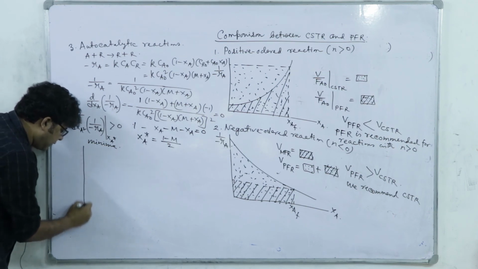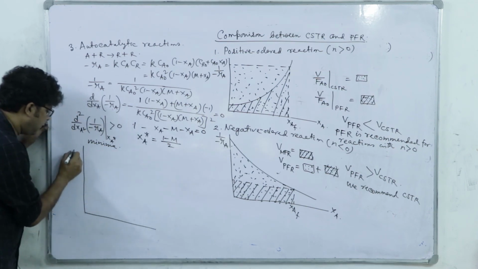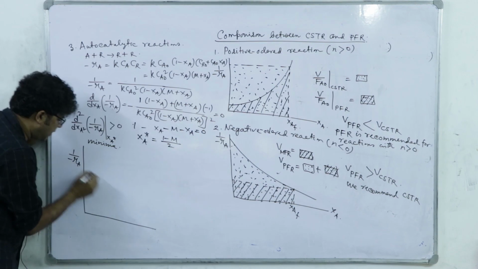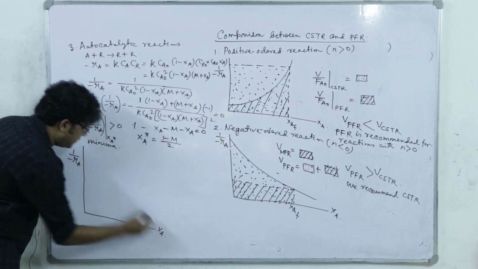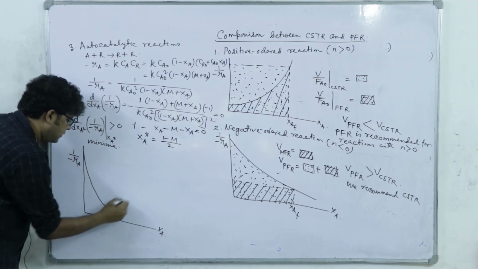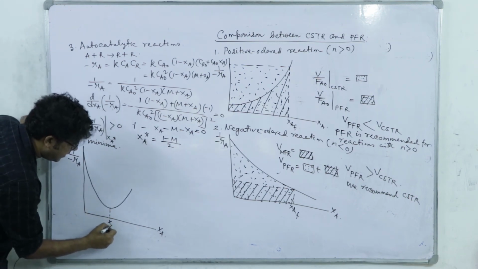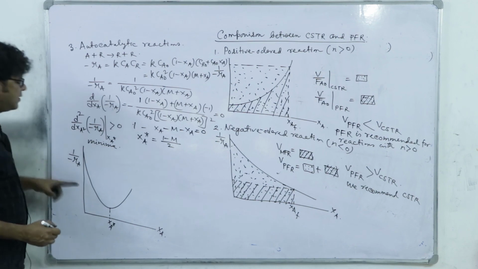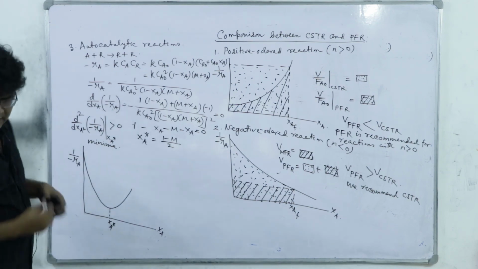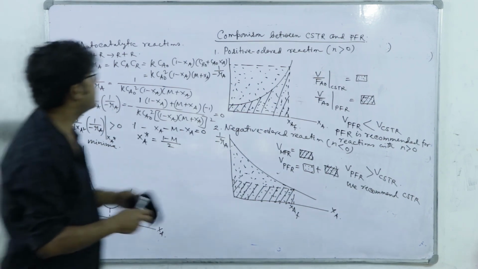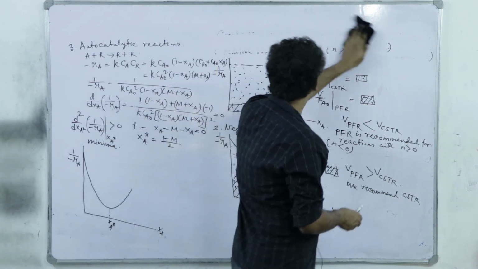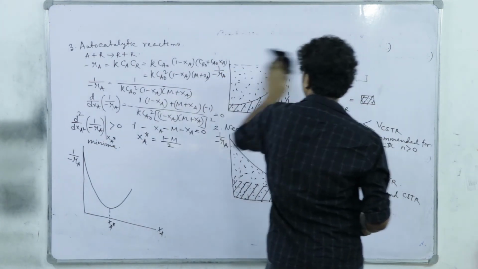And the plot of 1 by minus RA versus XA will look like this. And here we have this XA star. Now, if this is the reaction kinetics, then what will happen for CSTR and PFR?